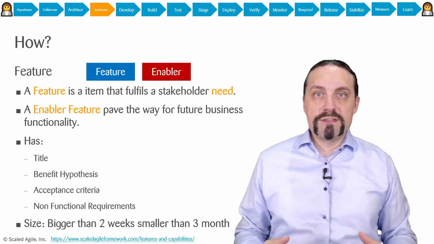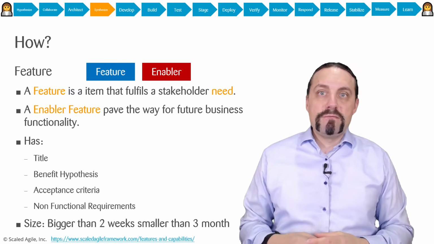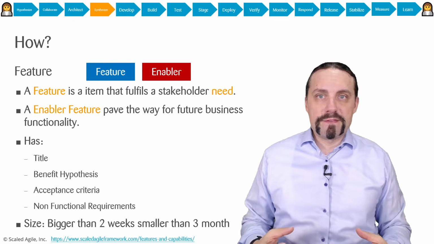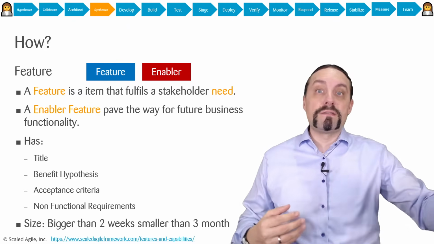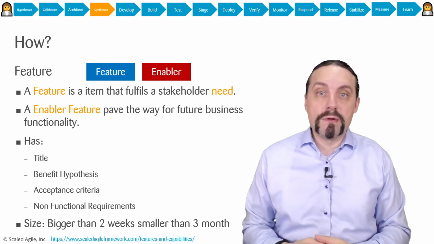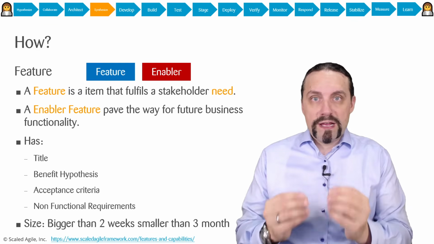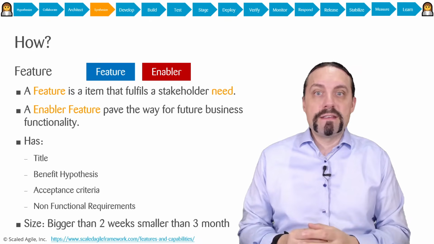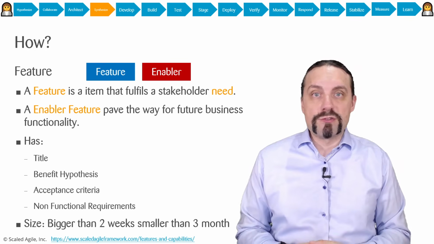From the hypothesis step, we have these huge epics, which are significant initiatives that will last longer than 3 months. They can also span multiple years. We now need to break down these epics into features and also into enabler features.